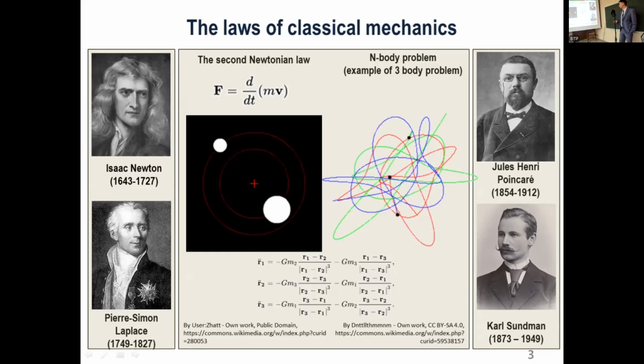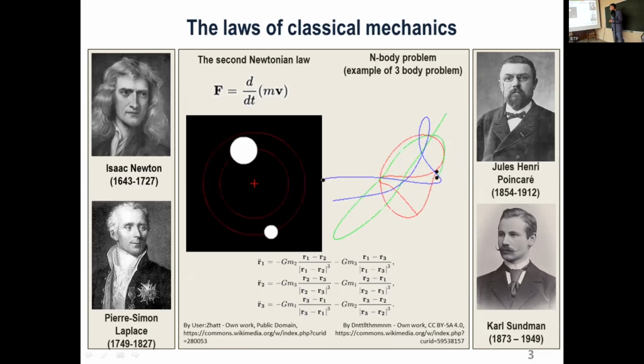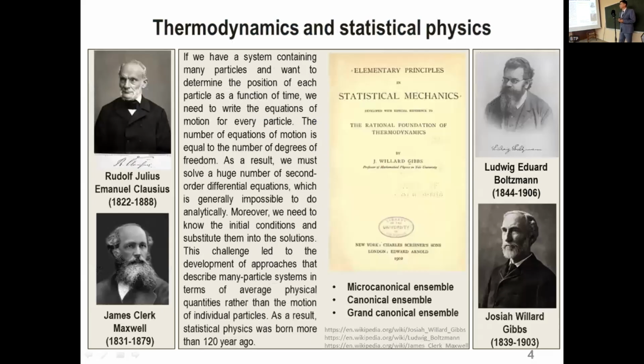This is the mathematician Karl Sundman, and it is possible to obtain the solution in such infinite series, but it's impossible to use this solution in a practical way. So, in fact, this problem is unsolvable, and it's very difficult to obtain some analytical solution.